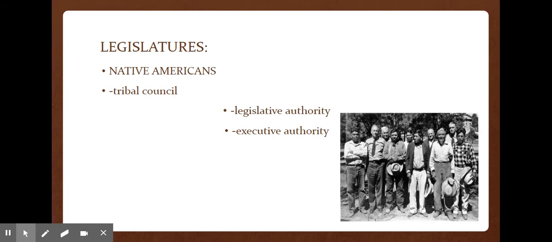For example, at one point in time, if a murder occurred within the tribal lands, the tribal council dealt with it. It's probably good simply because of funding and resources that a government like a state government or a national government get involved if a murder occurs.